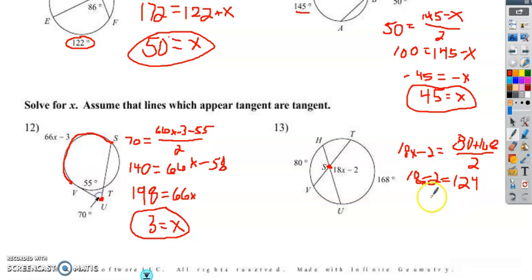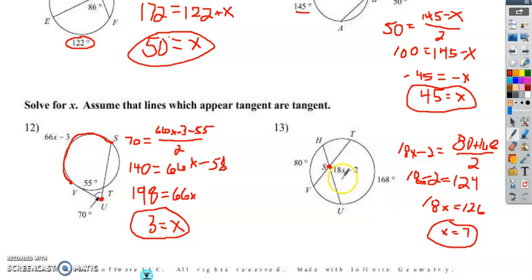All right, then I'm going to add 2. That gives me 18x is going to be equal to 126. And then I'm going to divide both sides by 18. So 126 divided by 18, I believe, gives us 7.